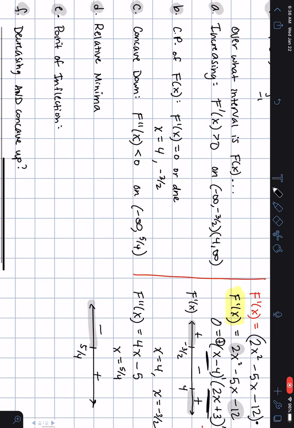All right, let's move on to relative minima. So try writing the definition of relative minima yourself without peeking. Imagine in your mind what a minimum looks like.